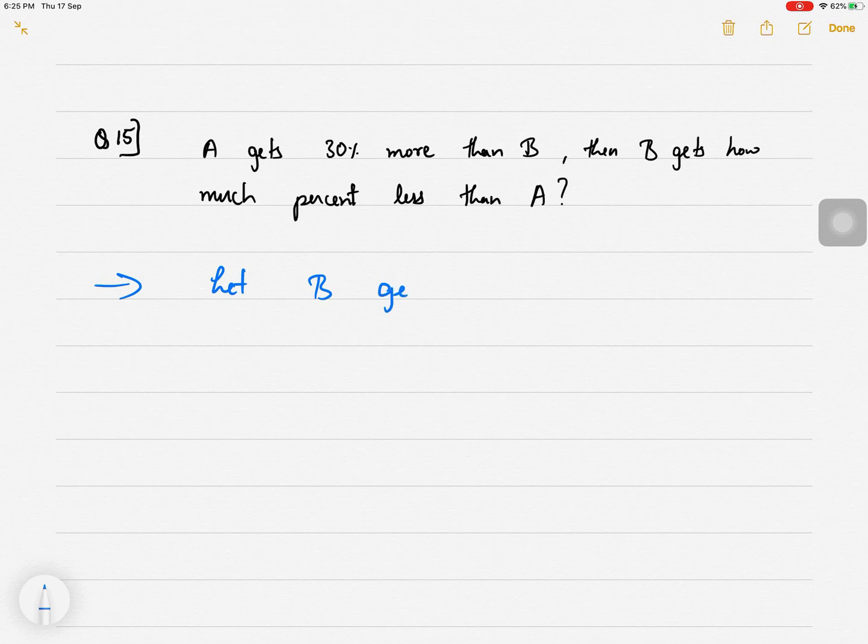Let B get 100. If B is getting 100, A is getting 30% more, that means A gets 130. Correct? 100 plus 30 is 130. 30% more, no? Okay.